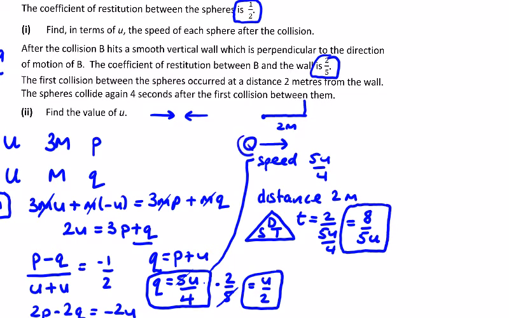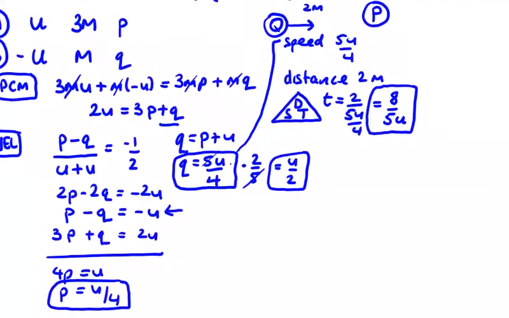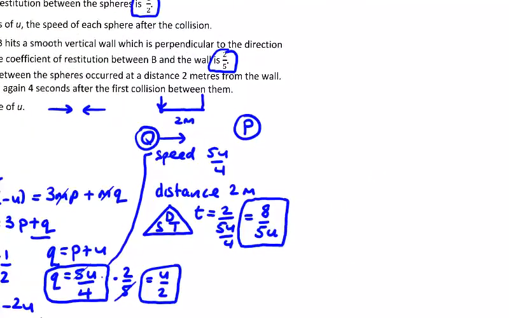This is Q. So what's happening with P in this time? P is also traveling towards the wall at a speed of u over 4. In that time, 8 over 5u, we want distance. Distance is equal to speed by time.